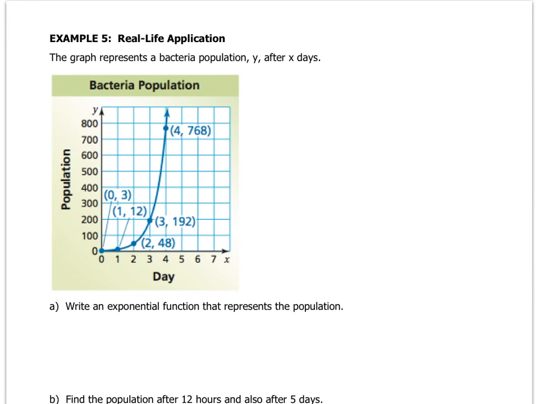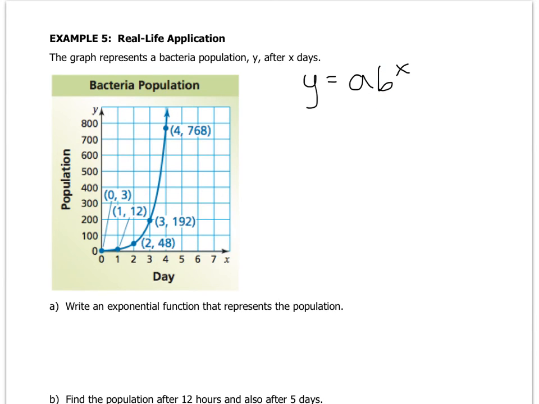In this question, we use what we just talked about, y equals ab to the x, to write an equation based on a graph. So we can do it for linears. We just need the slope and intercept. And here, we don't need the slope and intercept. What we need is the y-intercept and the constant ratio.